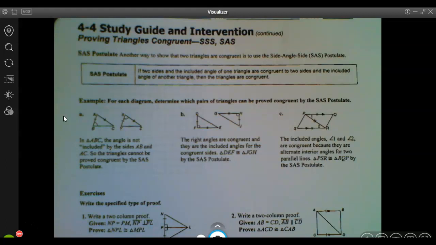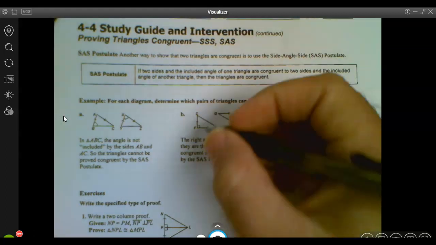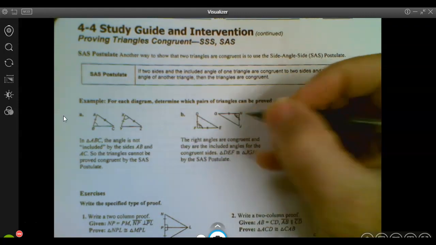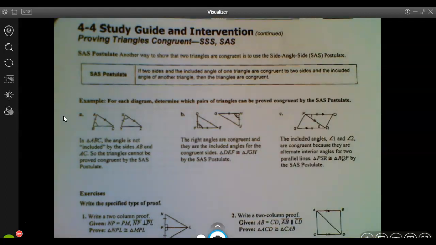So we'd be able to say that this angle is congruent to this angle by the right angles theorem. Therefore, I do have side angle side information.